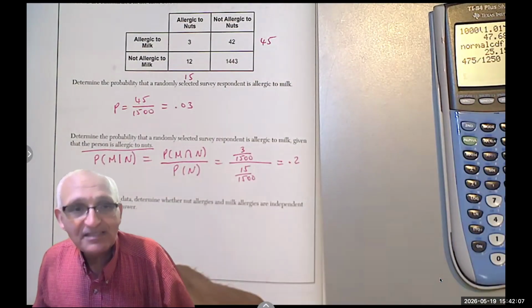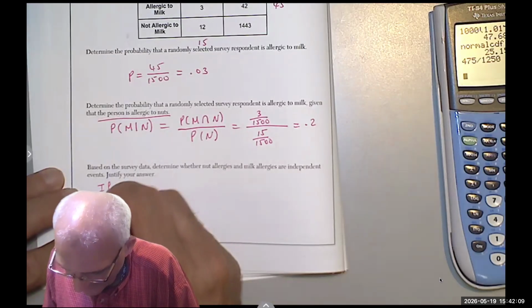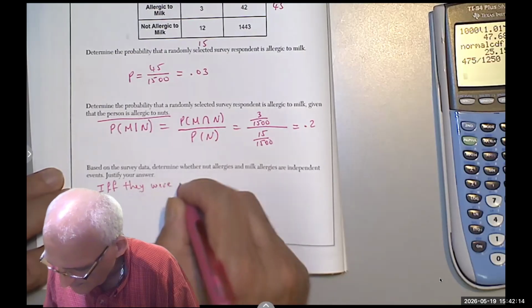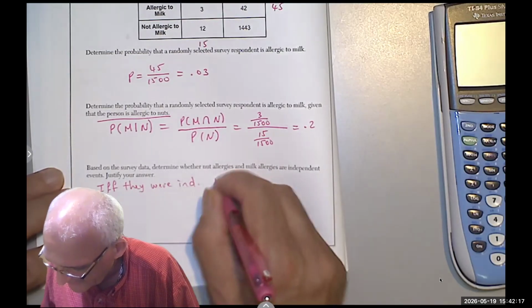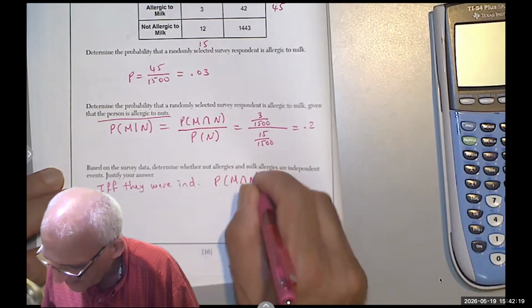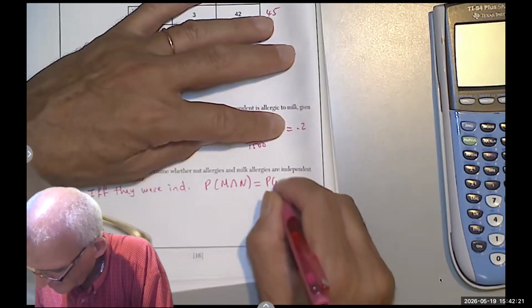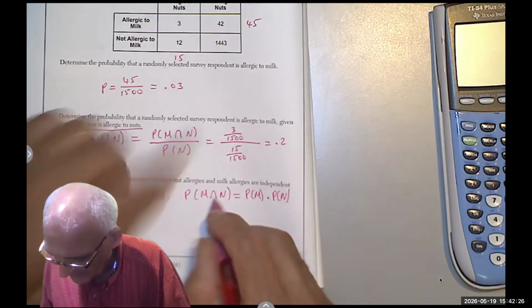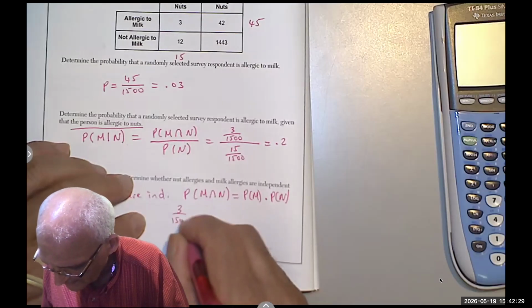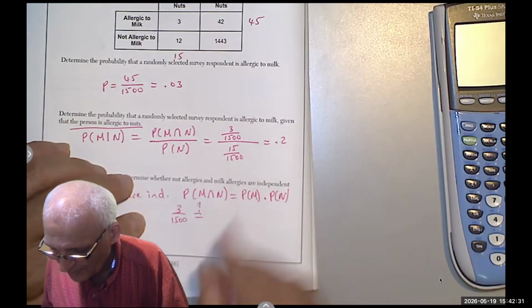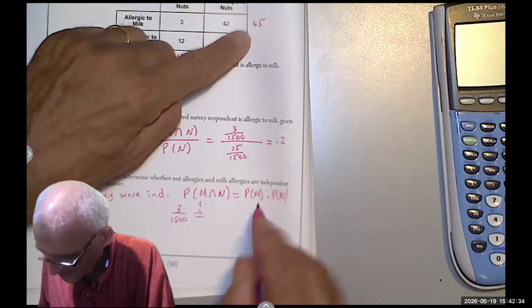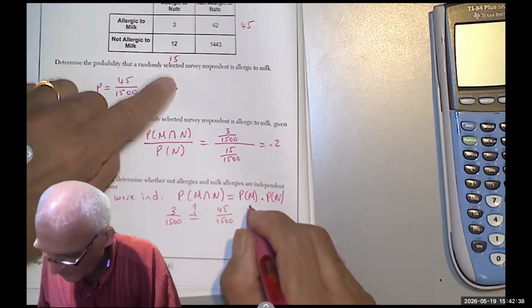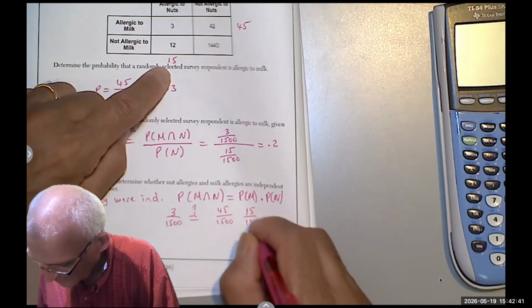If and only if they were independent, the probability of M and N would have been the probability of M times the probability of N. Meaning the 3 out of the 1500, is it equal to the probability of M, which is 45 over 1500, times N, which is 15 over 1500?